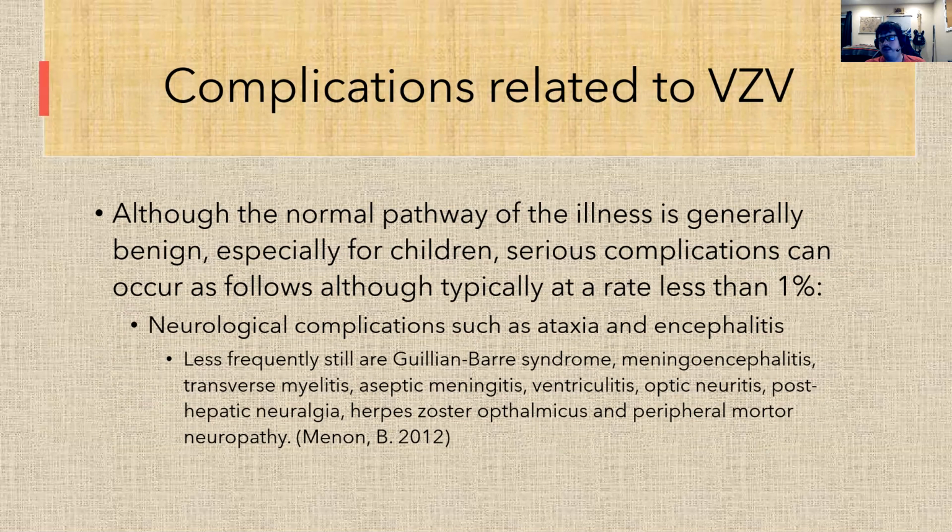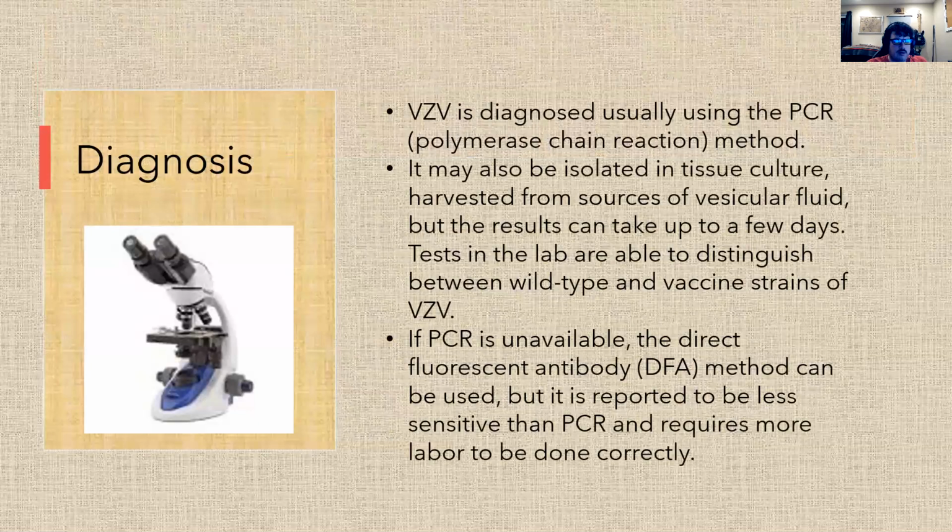These things are all affecting our brain and our nerve pathways. Herpes zoster ophthalmicus affects pathways going towards our eyes. So these are pretty serious complications. Diagnosis is usually done with the PCR method.